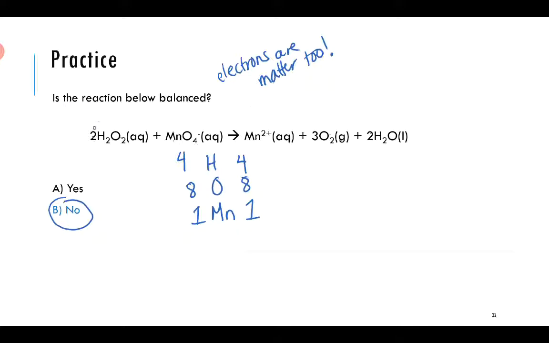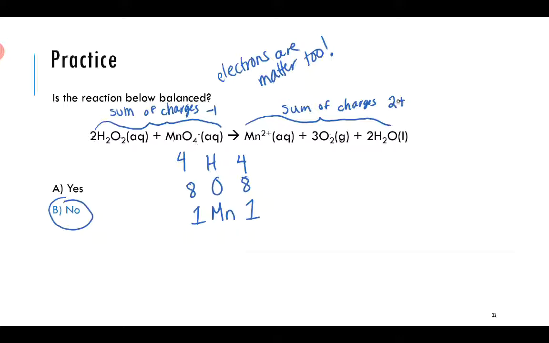And on the reactant side of the equation, the sum of all the charges is -1. And over here, the sum of the charges is 2 positive plus 0 plus 0, and so now it's 2 positive.